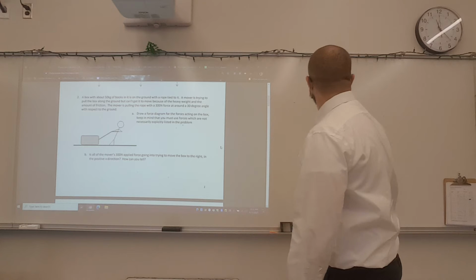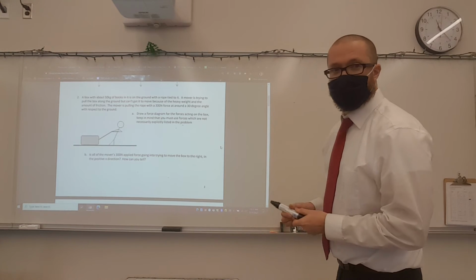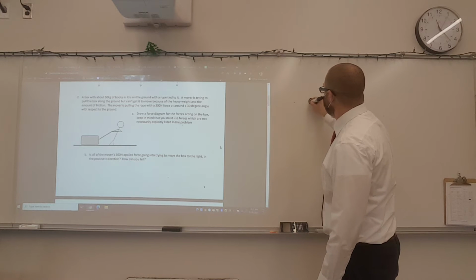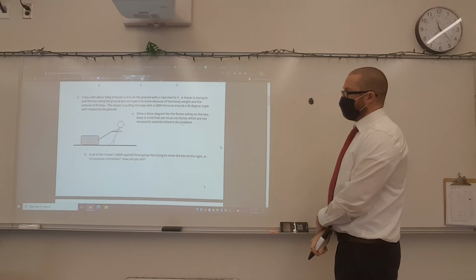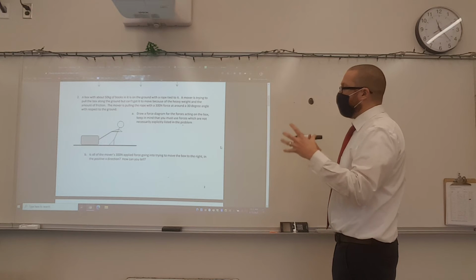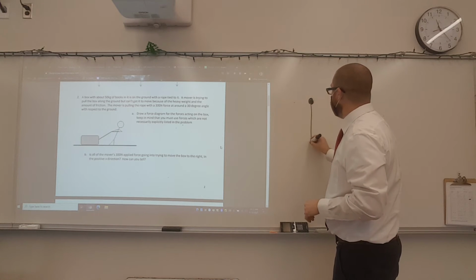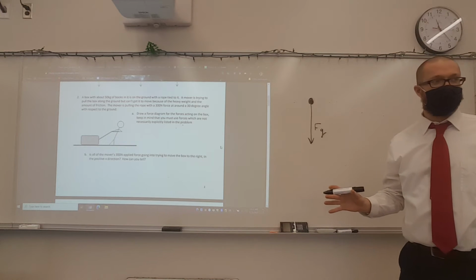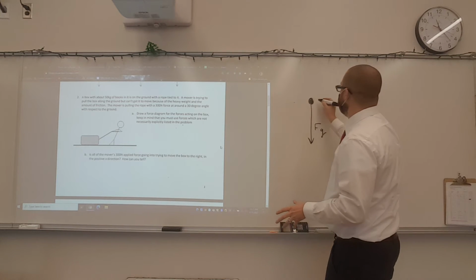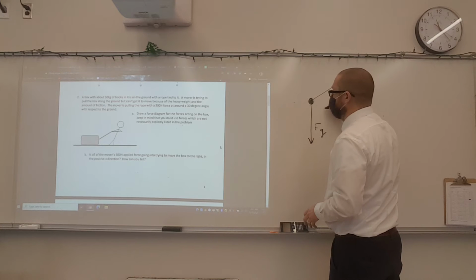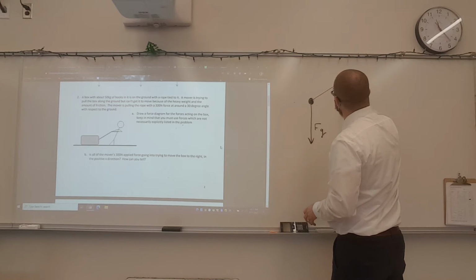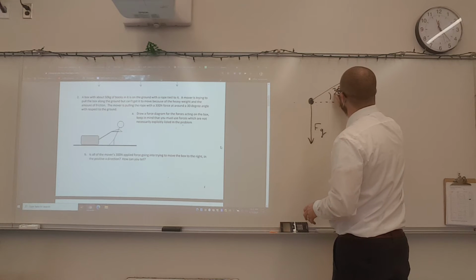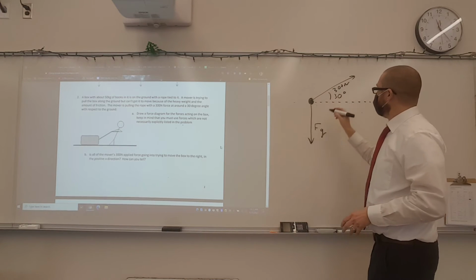So let's draw the force diagram. The dot represents the box. Some obvious forces first: we definitely have the force of gravity pulling down on this box. That is always present. We definitely have this rope pulling on the box with 300 newtons at an angle of 30 degrees, so I'm going to include the angle in my force diagram.